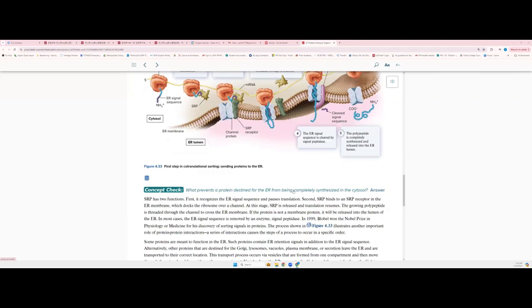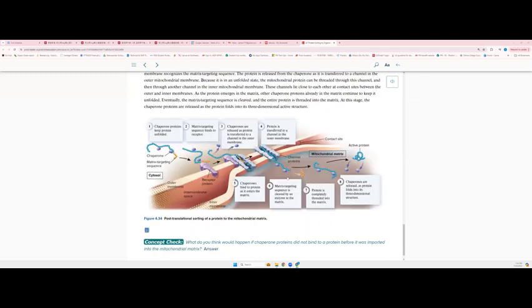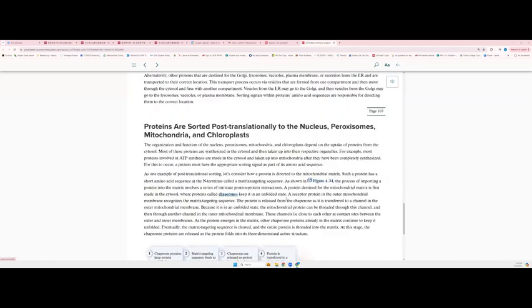That's why it involves a more complicated chaperone to help unfold the proteins and direct them into the mitochondria.